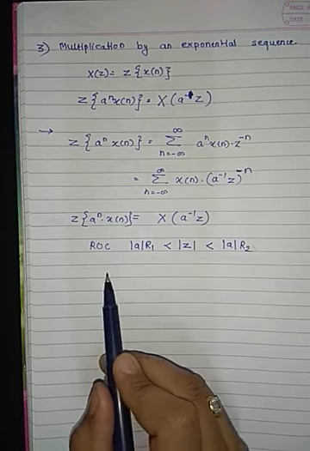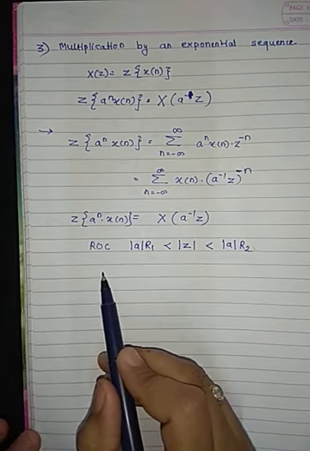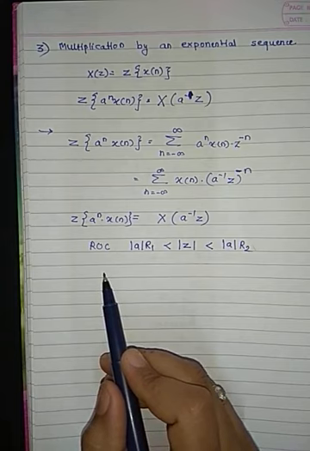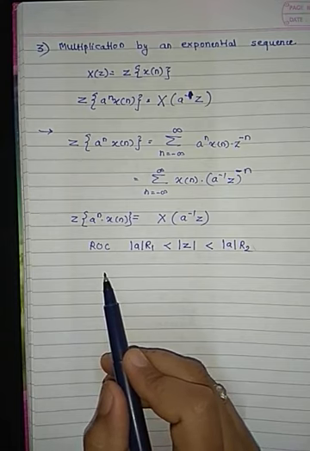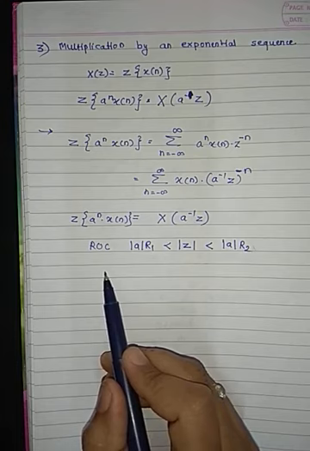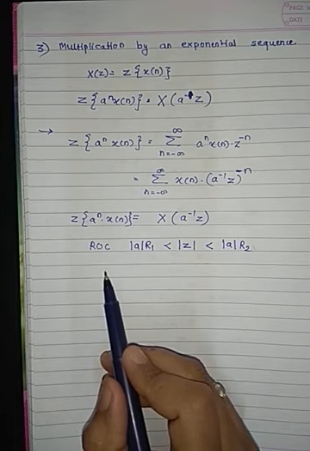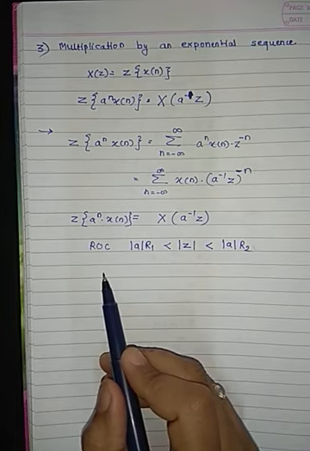Here we have seen three different properties of the Z transform. First is the linearity property. The second is the time shifting or time reversal property, in which we considered the two-sided sequence, the causal sequence as well as the anti-causal sequence.